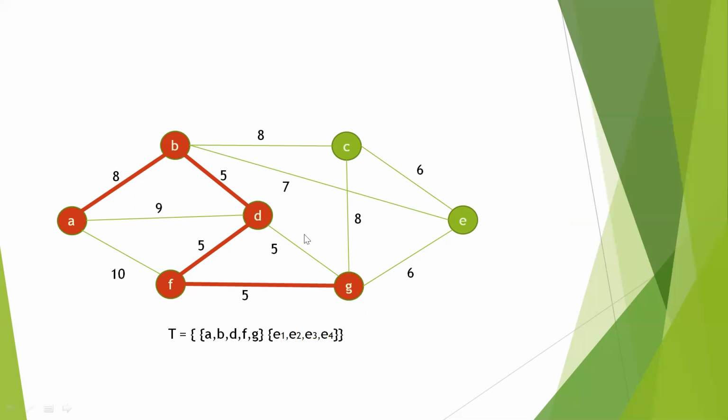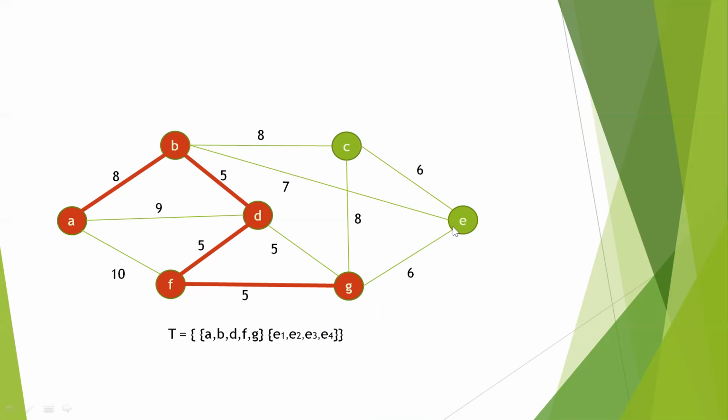Now G is connected to E and C, from G to E and G to C, and the edge weight is equal to 8 for C. So again we select the minimum weight.